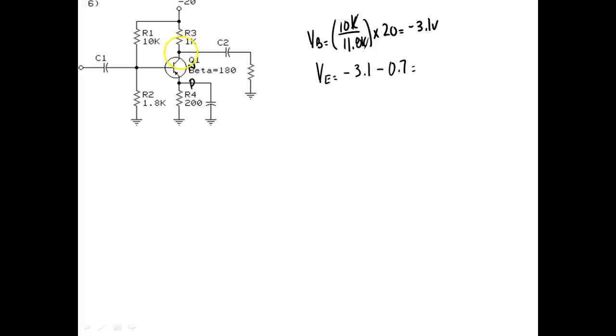Well, what type of transistor is it? So that means for this thing to work, the emitter's got to be more positive than the base. So we got the base set at minus 3.1. So if we say the emitter has got to be minus 3.8, that puts the emitter more negative than the base.